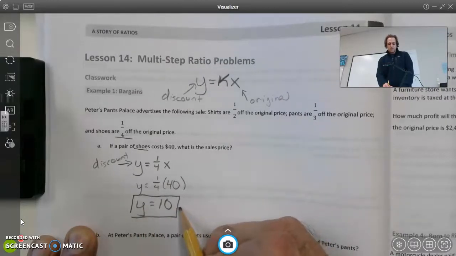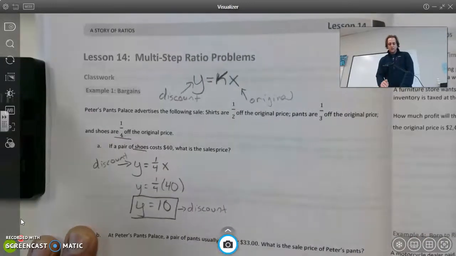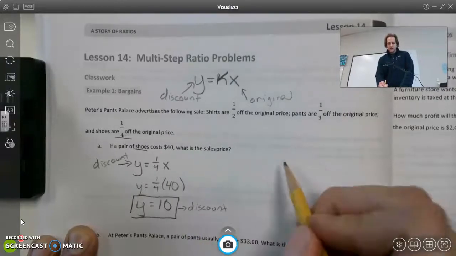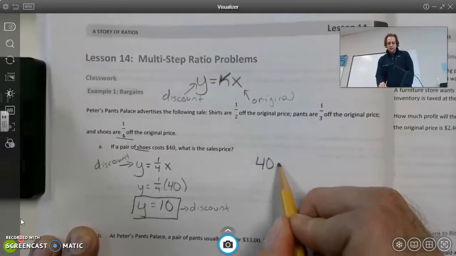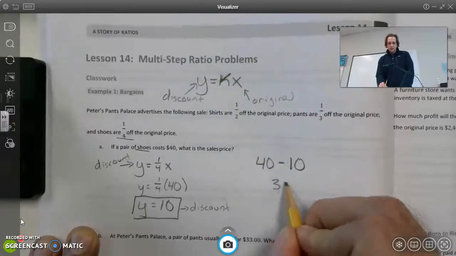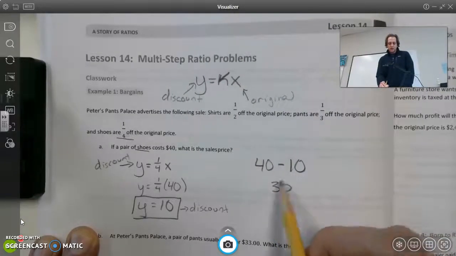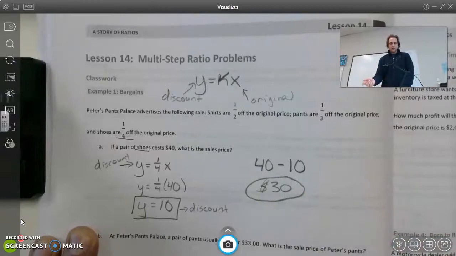No, this is my discount. That's why we're calling this multi-step. I've now found my discount, so I need to come over here and say my original price was $40 minus a discount of $10 means I would pay $30, and this is my final answer. The new price is $30.